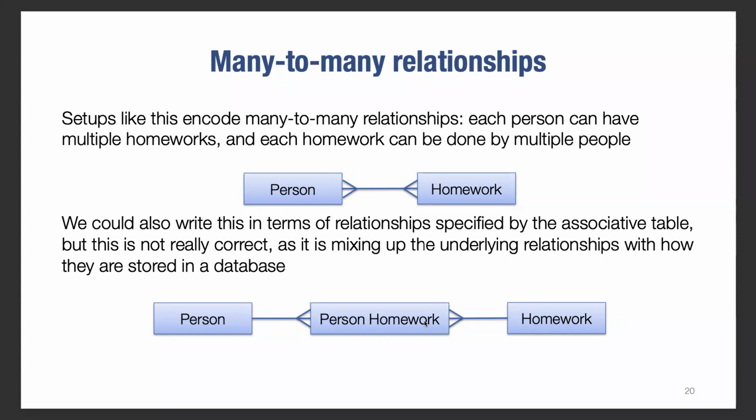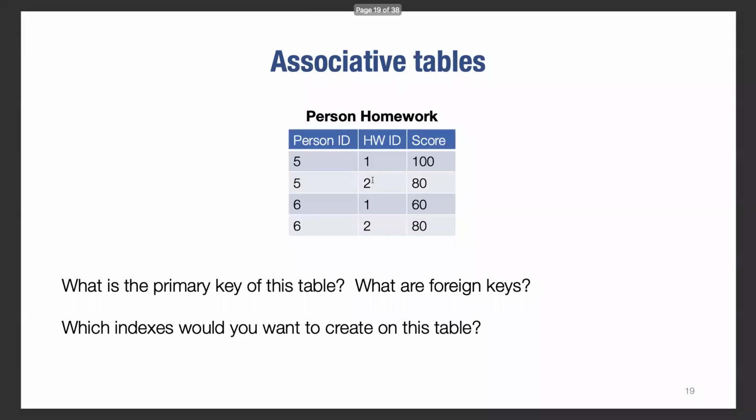Basically, you're using the primary key from one relation and the primary key from the other relation as your joint primary key in that middle table. Do you understand? Of course, the person homework table is associative in this case. It is an associative table. That is why we had to cover it first here. As you can see, person homework is an associative table.